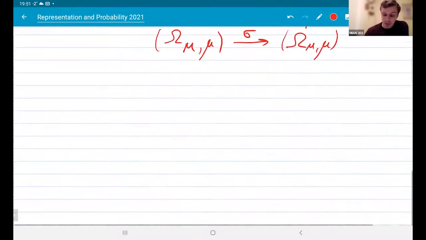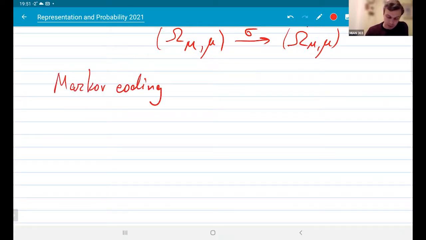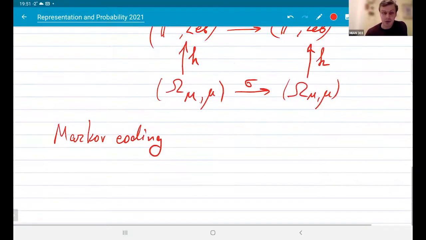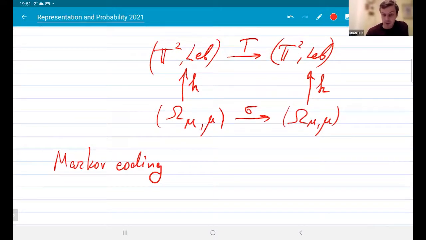So the idea of the proof is the following. We want to construct a so-called Markov coding. This is more or less the same as I had just said. So I want to say that, well, this H is not a bijection, but let's not bother about these details now.